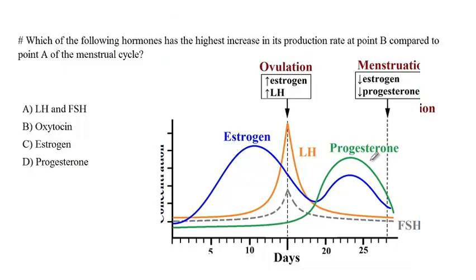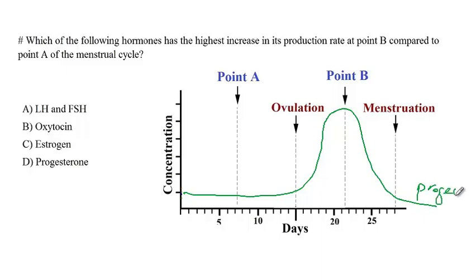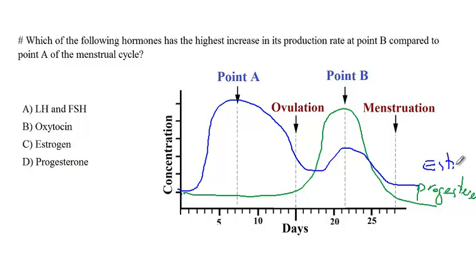Its progesterone secretion is at maximum at point B compared to point A. So the answer for this question is that at point B, we have more progesterone secretion. Versus for estrogen, there is more secretion at point A compared to point B.